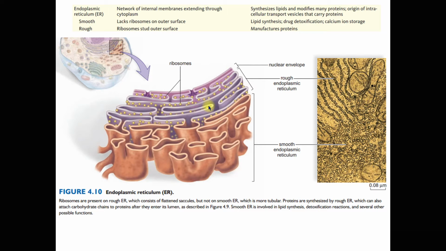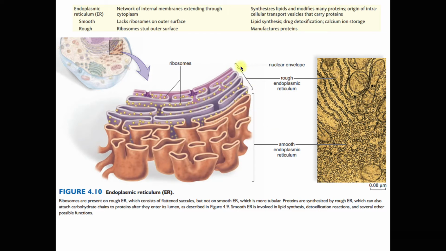When it comes to ribosomes, what's the first thing in your mind? Yes, synthesis of protein. So the rough endoplasmic reticulum manufactures proteins, while the smooth endoplasmic reticulum synthesizes lipids.